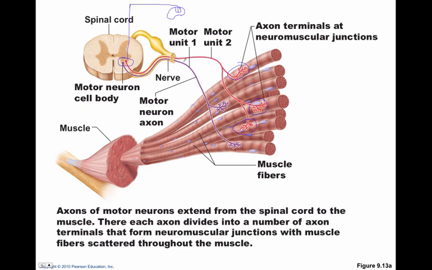So the idea that we'll be looking at is the more of these axons that we recruit, the more of these neuron cell bodies then that we recruit, the different types of contractions we can have.